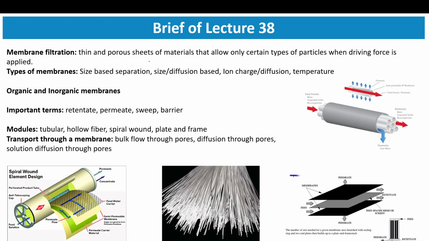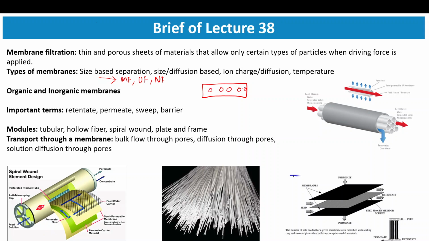So for example, it can work on different mechanisms, which is nothing but size based separation, which is the most common one. Say for example, you have different types of membrane which work on size based separation, which is microfiltration, ultrafiltration, nanofiltration, etc. So here, say for example, you have an ultrafiltration membrane.